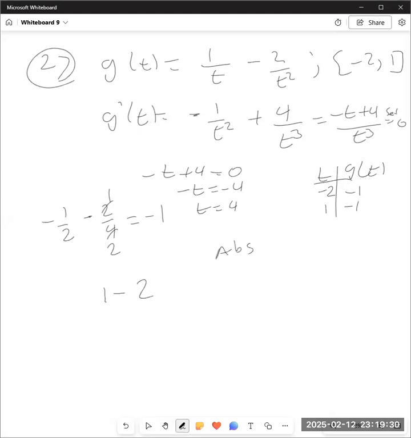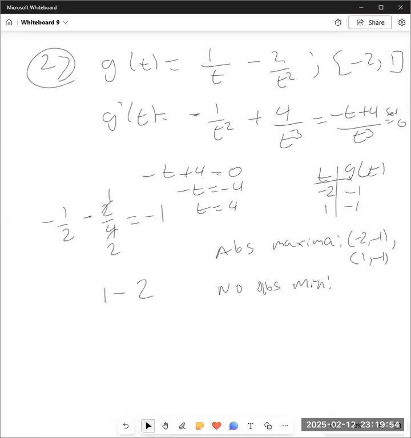absolute maxima at -2, -1 and 1, -1, and no absolute minima. How do I know that that is a maximum and not a minimum?